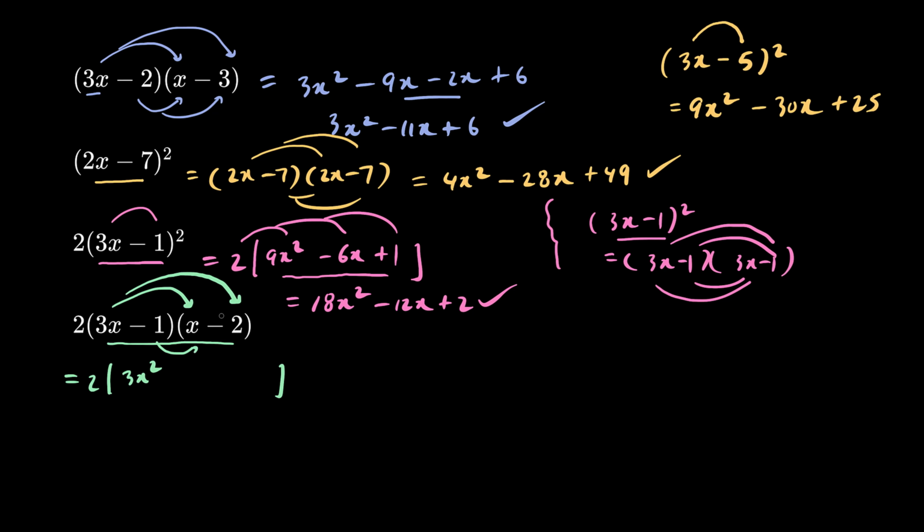So we had negative 6x minus x is negative 7x. And last, negative times negative is positive, 1 times 2 is 2. And we just simply finish this off using distribution. And so the answer is 6x squared minus 14x plus 4.